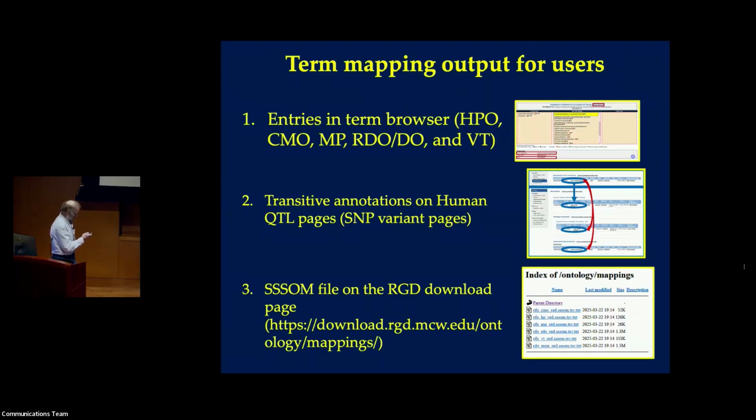And lastly, if you're interested in any of the association of the ontology matches, we have a SSOM file on the RGD download page, and you can see all of the matches that were made.